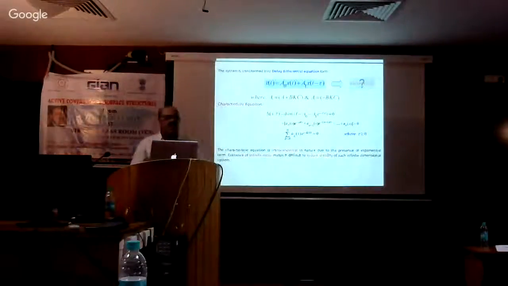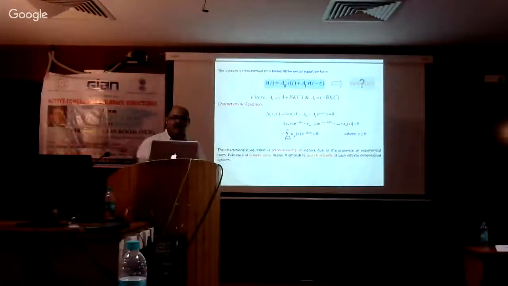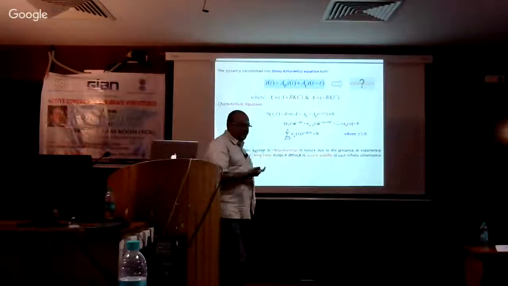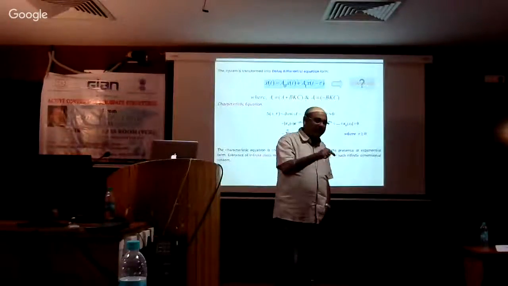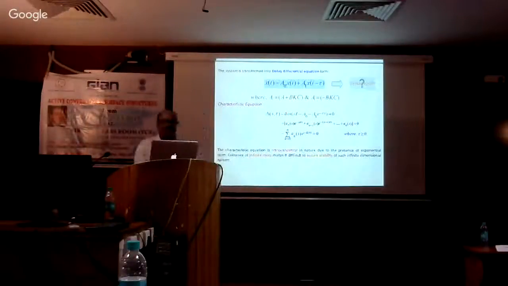So that's the challenge. Characteristic equation, if it's deterministic, it's finite dimension, you can find the finite roots, and use Routh-Hurwitz criteria, whatnot, for finite dimension. The beauty of CTCR is how Sipahi used Routh-Hurwitz for a finite dimension system. That's the catch here.